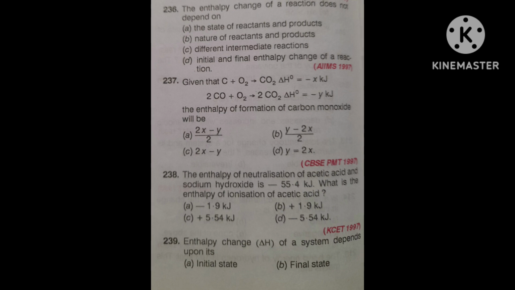The options are: first, minus 1.9 kilojoule; second, plus 1.9 kilojoule; third, plus 5.54 kilojoule; fourth, minus 5.54 kilojoule.